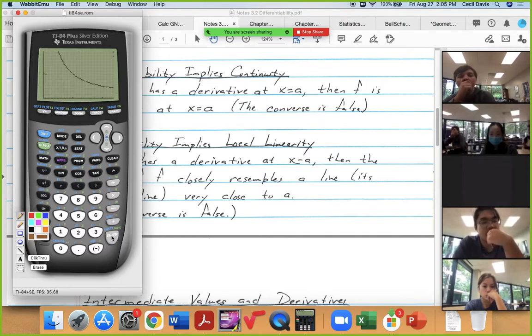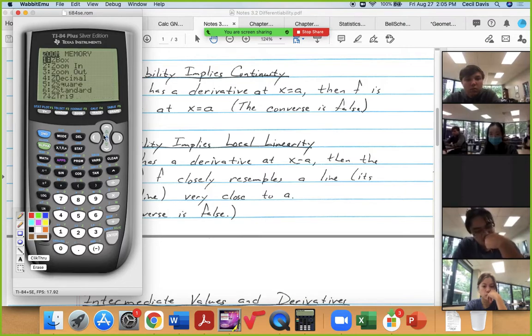So there's my 1 over x. And there's my tangent line. So I'm going to do another zoom box. And I'm going to zoom way in on this.